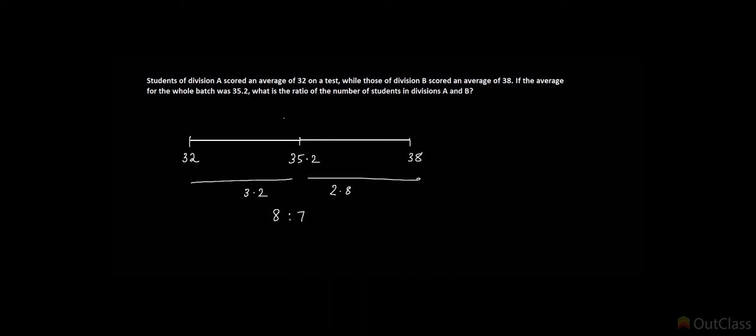You flip it and you will say that the number of students in class A and class B would be 7 is to 8. You just put the three rates on the number line, subtract to find the distance ratio, and flip that to get the quantity ratio. That's how you find the unknown quantity ratio.